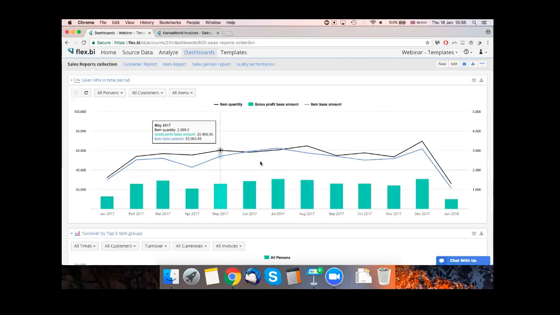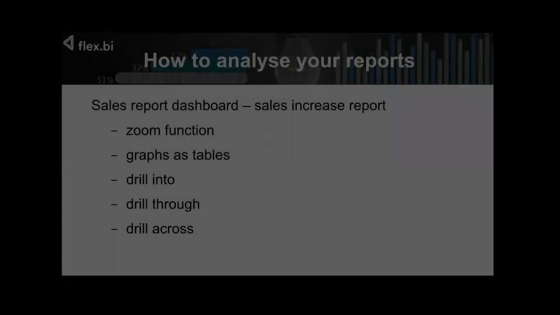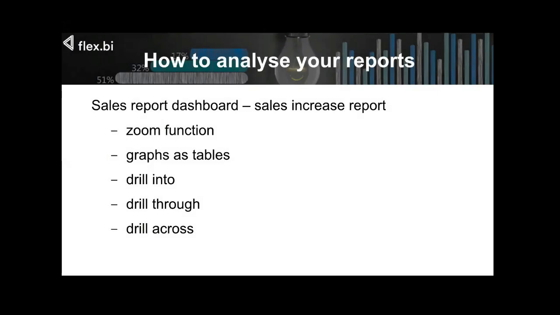No. Okay, and then you can actually play around with the data and look at what kind of information you need, and then definitely you will find a way to get it out of flex.bi. So let's go back to the presentation.